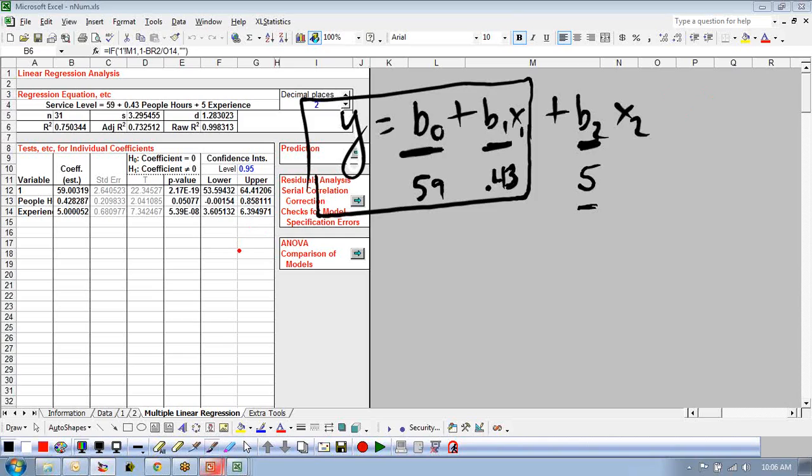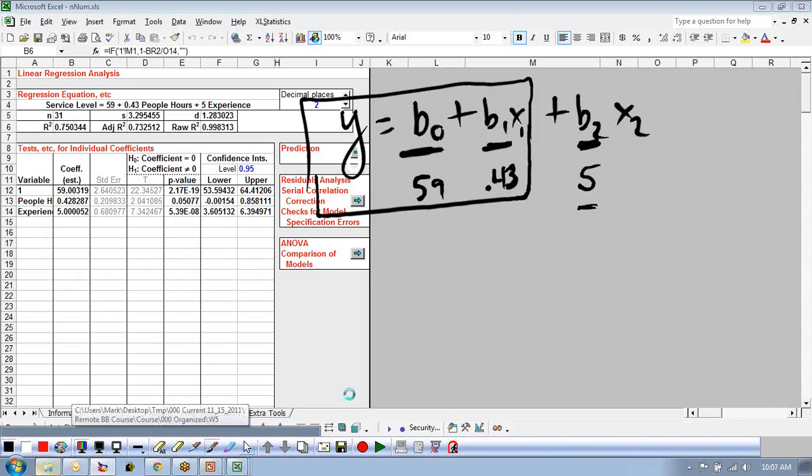In our IQ example, we could easily see that once we started adding more terms, we're going to find things that are correlated with those other terms that we're adding. So we could probably think of things that we could add in, but they may be correlated with people hours or experience. And because of that, we won't get such a great bump from them. Maybe we'll only add a little bit. The adjusted R-squared helps us understand and gauge the incremental value that we get by adding additional terms into this.